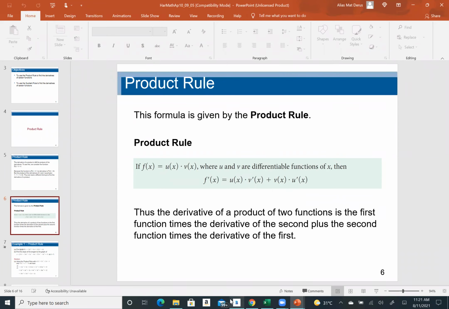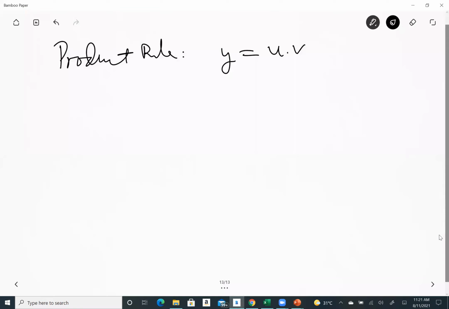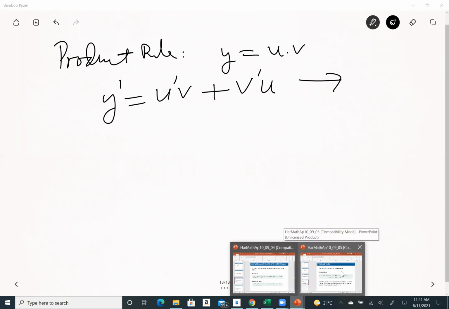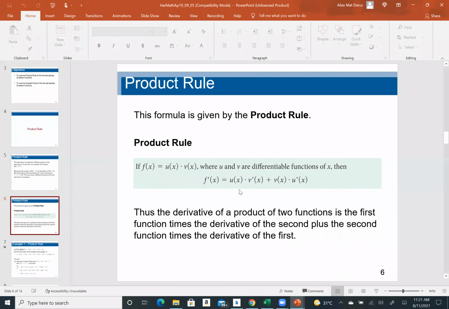Sometimes I prefer to do it this way. y prime is equal to what? You differentiate the first term, multiplied by the second, plus differentiate the second, multiplied by the first. u prime v plus v prime u. This is what I prefer. The formula given in the book is written the other way around, u v prime plus v u prime.